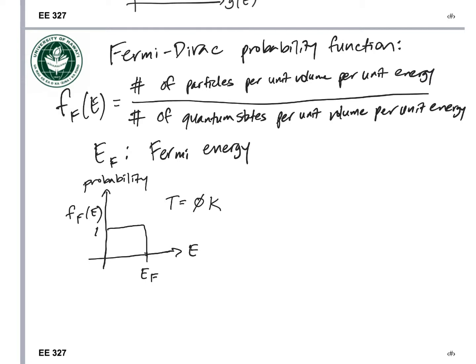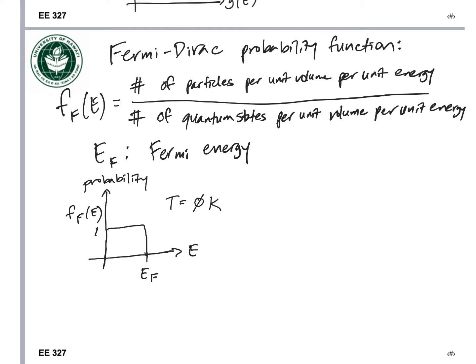And that makes sense because 0 Kelvin is the absolute ground state of the universe. You don't have any thermal energy in anything. So if you look at the definition of this probability function, the number of particles per unit volume, per unit energy should be the same as the number of quantum states.